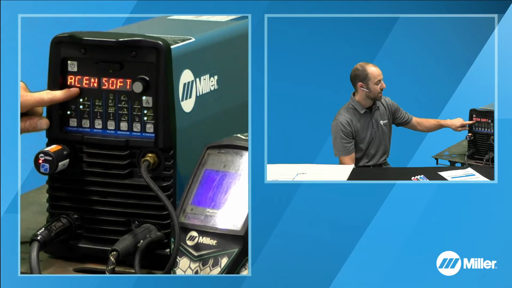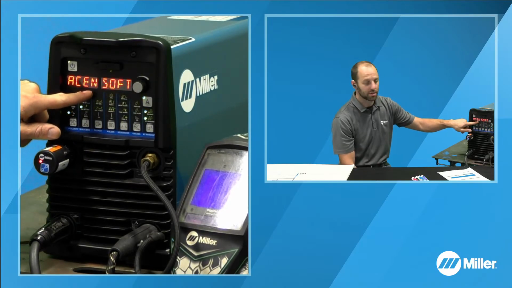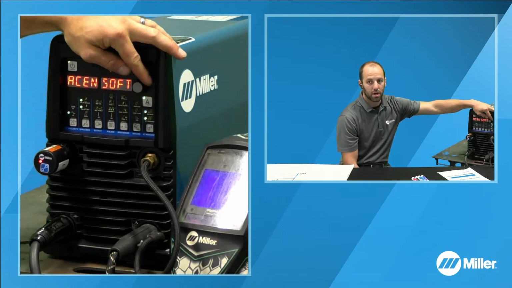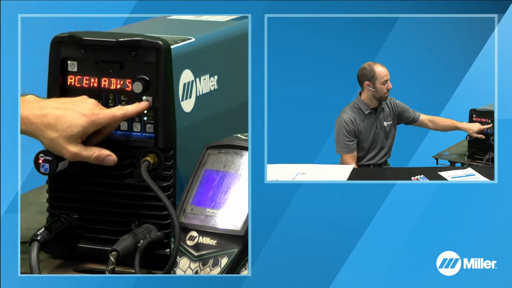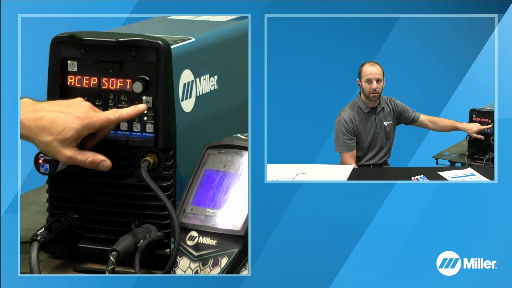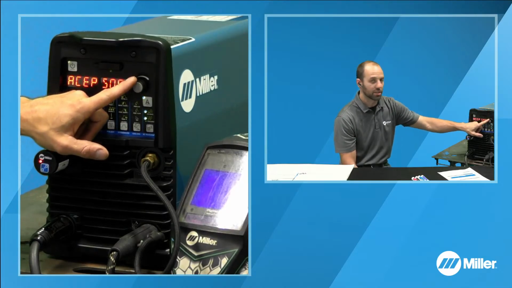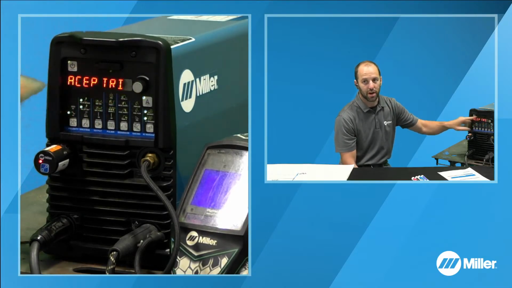Here it says AC EN, or AC electrode negative, is a soft square. We can change this to maybe an advanced square waveform. Then we hit the A button. Now it's AC electrode positive, and we can change this to maybe a triangular waveform.